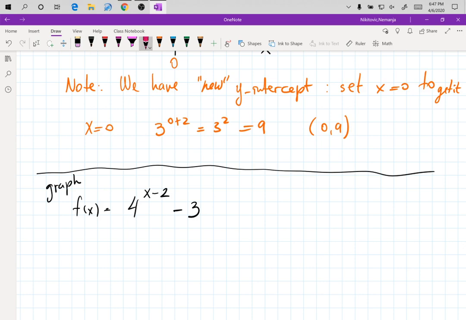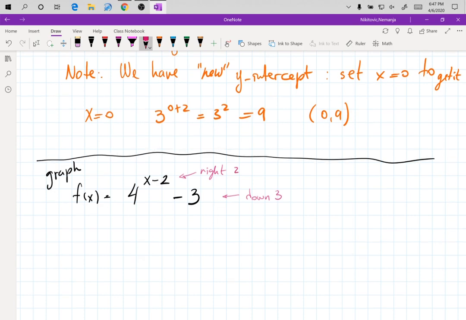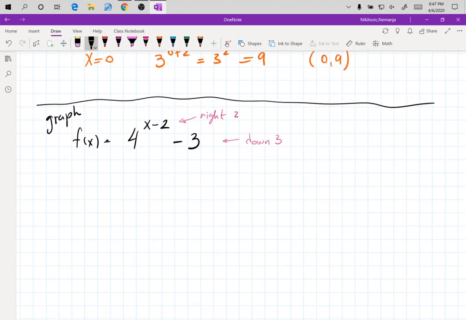So what do I have? I have 2 shifts now. This one is down 3, and this one is right 2. So we graph them.